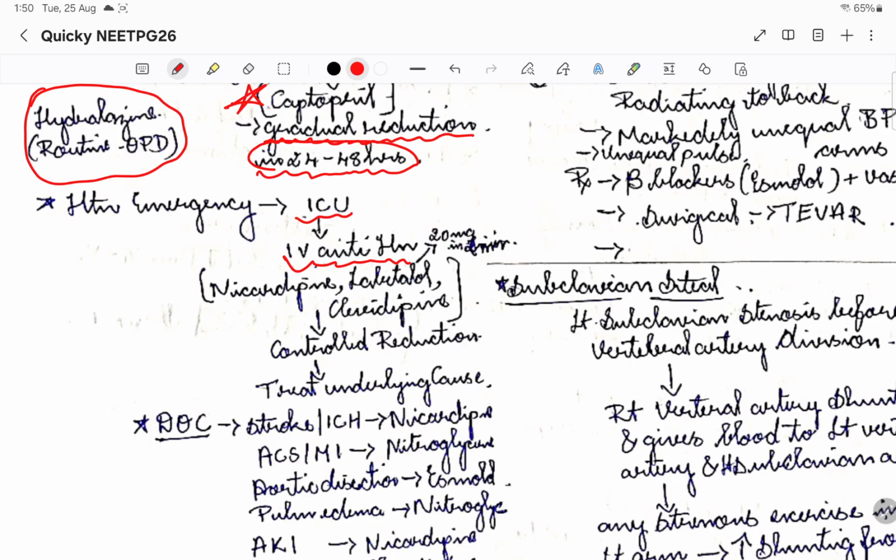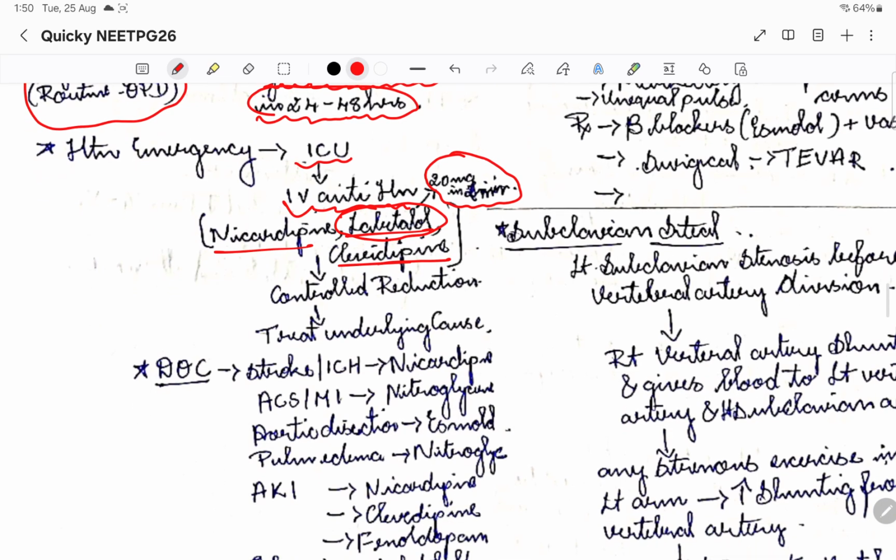The drugs of choice would be nicardipine, labetalol and clevidipine, chosen based on the underlying disease. Mostly it is labetalol, right? We have all seen our PGs and professors use labetalol. The infusion we give is 20 mg over 2 minutes.